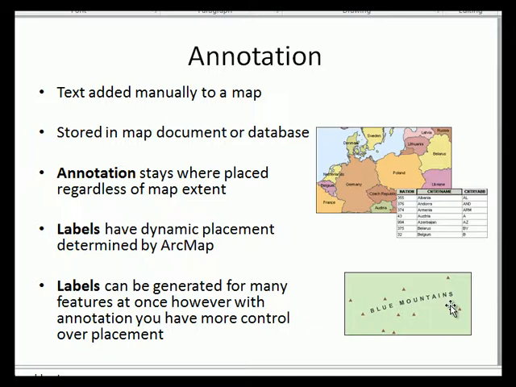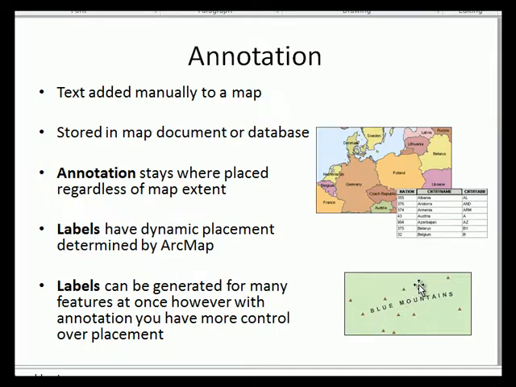It makes more sense to spend the time populating the attribute table and then labeling it using the attribute table than to spend the time just manually typing them on the map. Because once they're in the attribute table, you can reuse them in other maps. So populating attribute tables is usually worth the time.